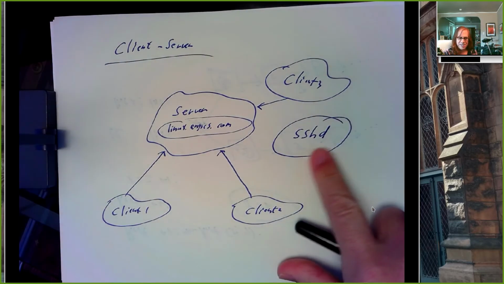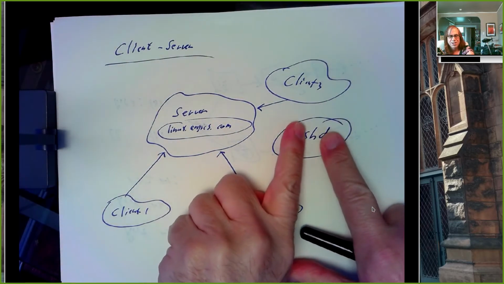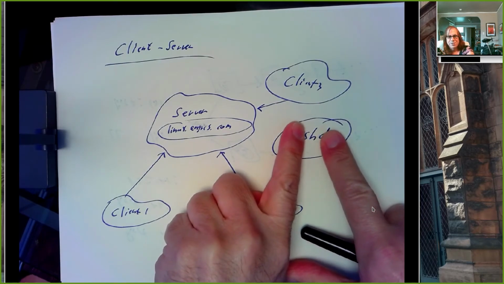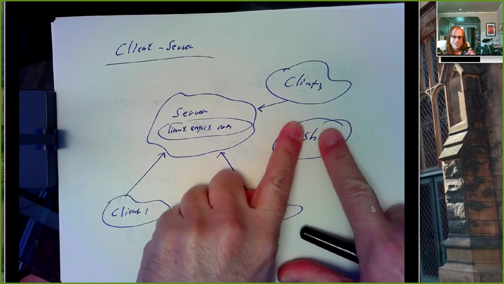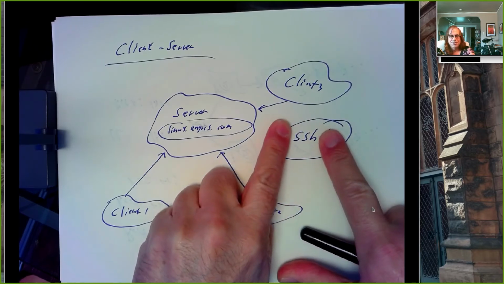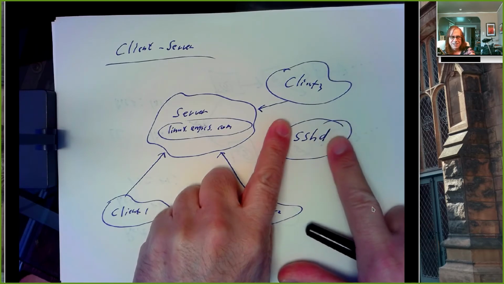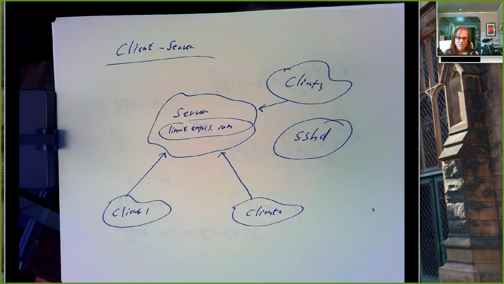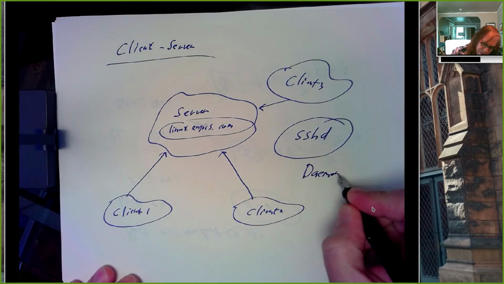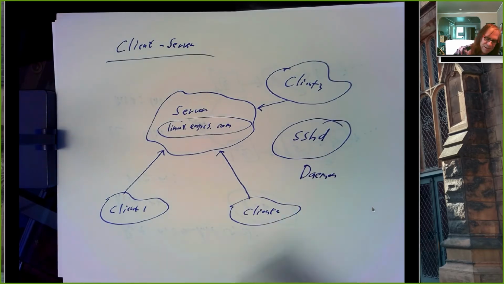So sh is the Bourne shell, right? That's the shell before bash, which is the Bourne-again shell. So this is just the plain old Bourne shell, sh. SSH is the secure shell, and SSHD is what we call a daemon. A daemon is like a demon, but spelled differently, and it's basically a server program.